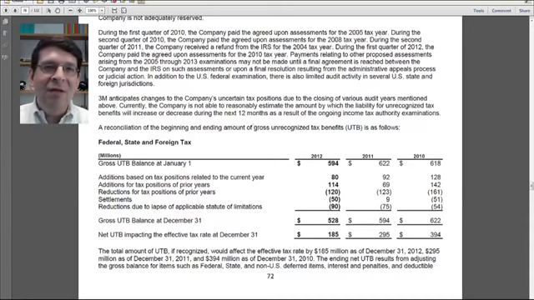But if the statute of limitations expires, so the company goes 7 years and never has to have their tax planning reversed, then at that point the reserve gets reversed out into tax expense as a gain. So it's just a way to try to do something like we do with bad debt expense, where we're anticipating something happening in the future but making an expense for it today.